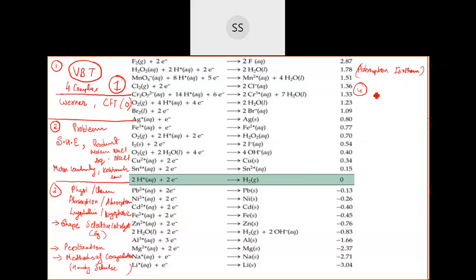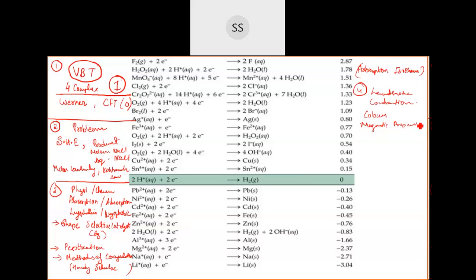D and F, lanthanoid contraction, you study thoroughly. Then after that, in D and F block, why they exhibit color and magnetic property.